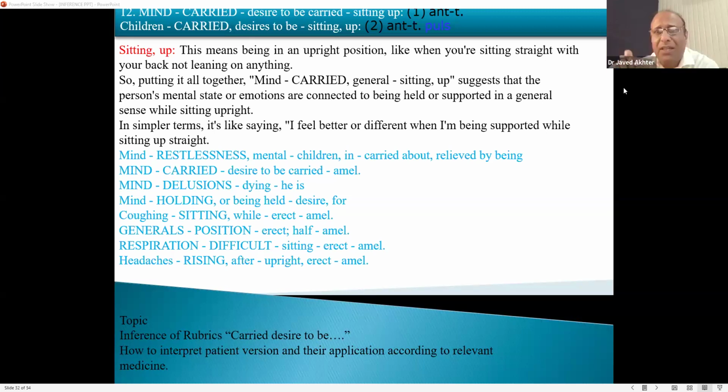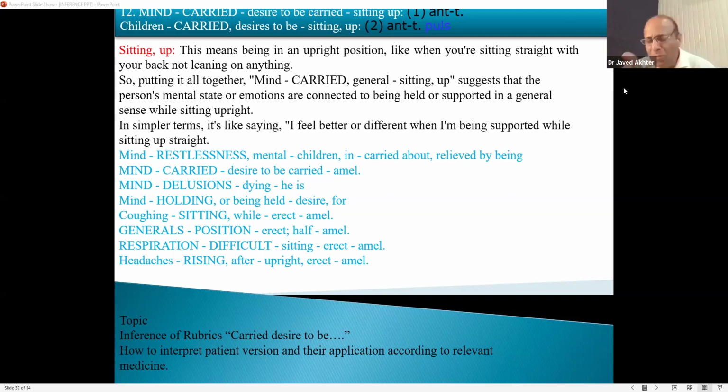Putting it all together, desire to be carried, sitting up, suggests that the person's mental state and emotions are connected to being held or supported in a general sense while sitting upright. In simple terms, it's like saying, I feel better when I am supported while sitting up or straight.